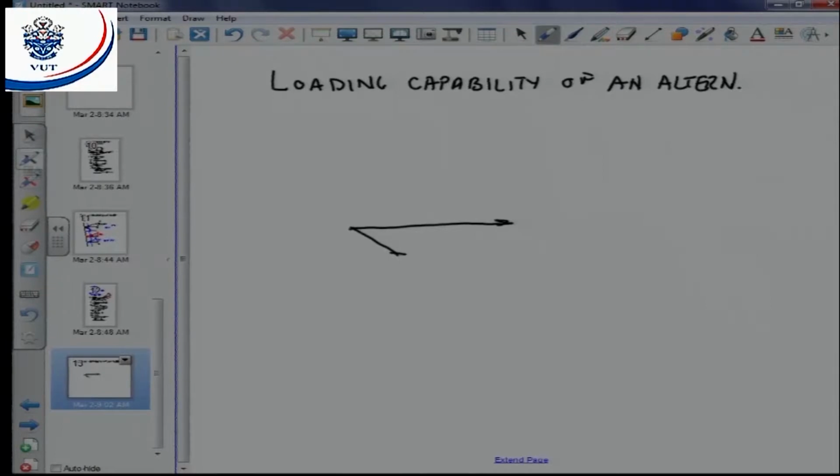Let's ignore the resistance, therefore that will be IA, and perpendicular to that we will have IA XS. That will be the induced EMF. Load angle, power factor angle.